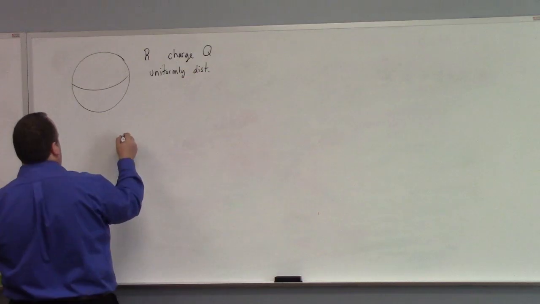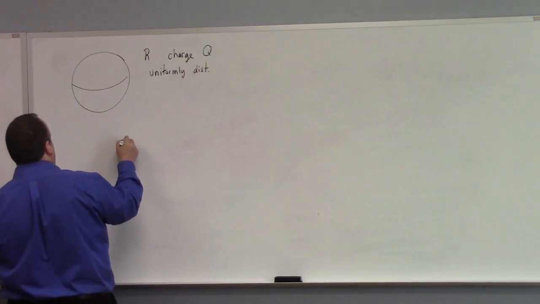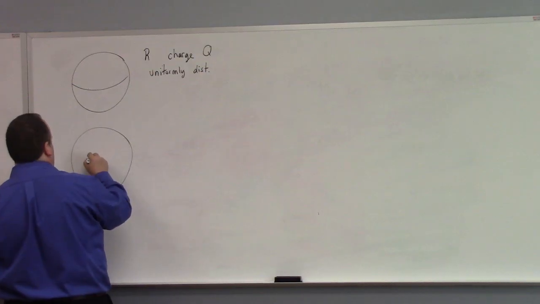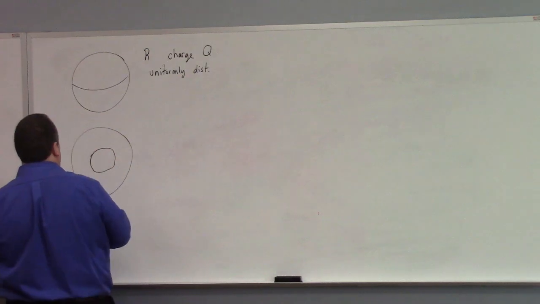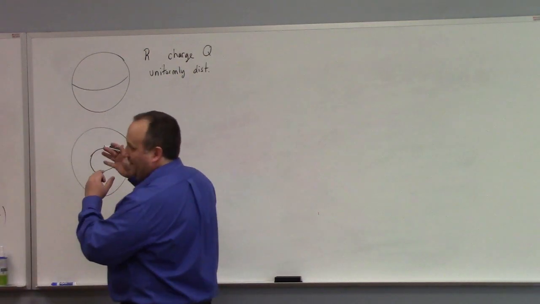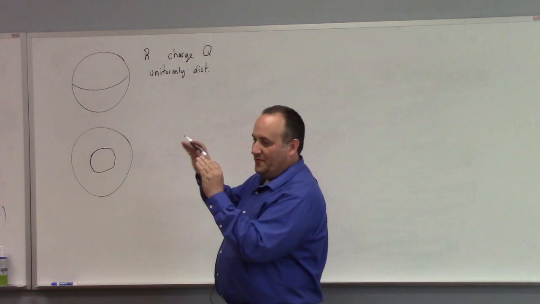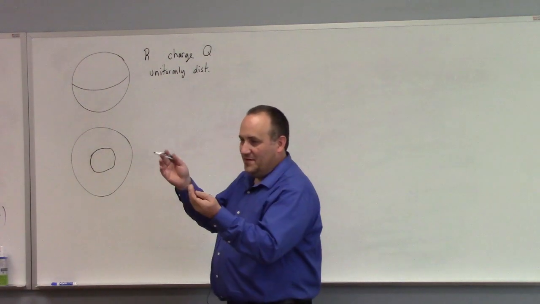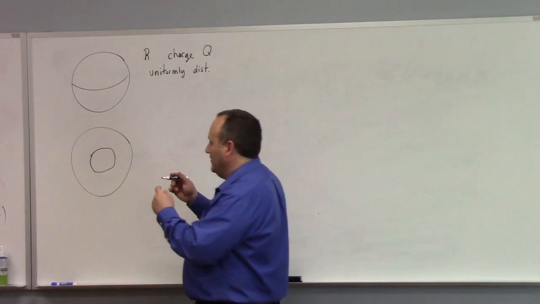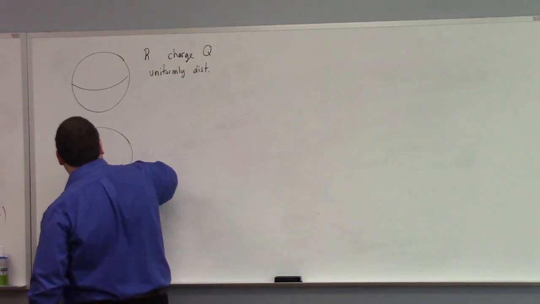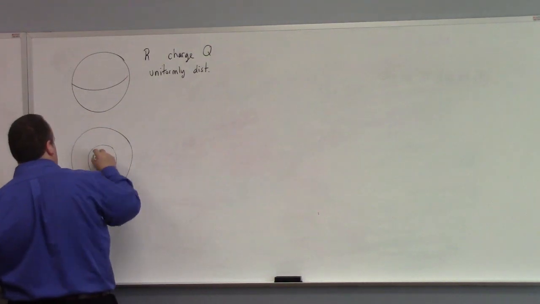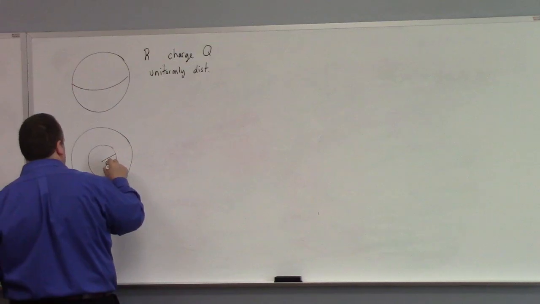So take this and cut out the inside. I'm trying to say this is a hole, R over 2, hole.